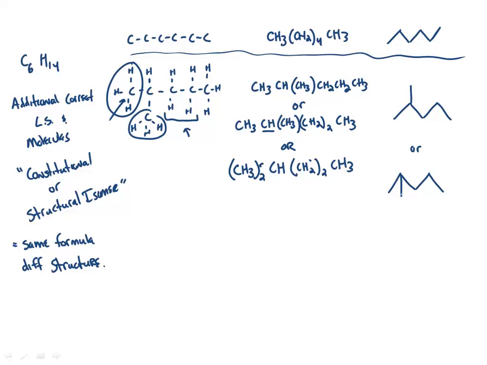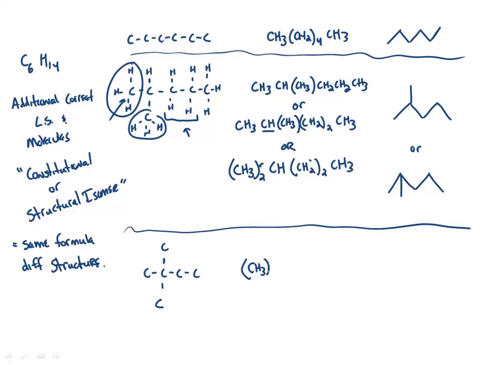And in fact, we could come up with some other structures for this too, right? What if instead of having 5 carbons in a row, I only had 4 carbons in a row, and then I stuck a carbon up here and say a carbon down there? So I would have something like CH3, I'd have 3 of them, a carbon, a CH2, and a CH3.